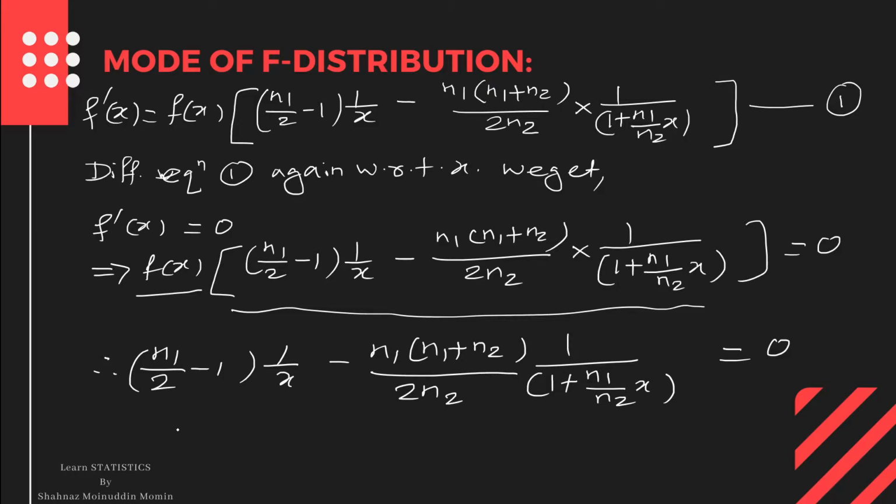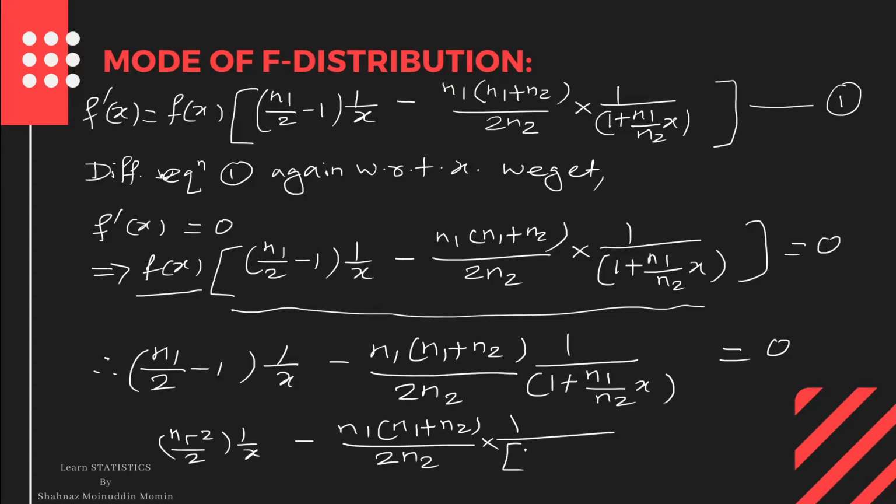Hence this will imply, I will simplify this bracket, (n1 minus 2) divided by 2 into 1 upon x minus (n1 plus n2) divided by twice n2 into 1 upon (1 plus n1 upon n2 x) is equal to 0.